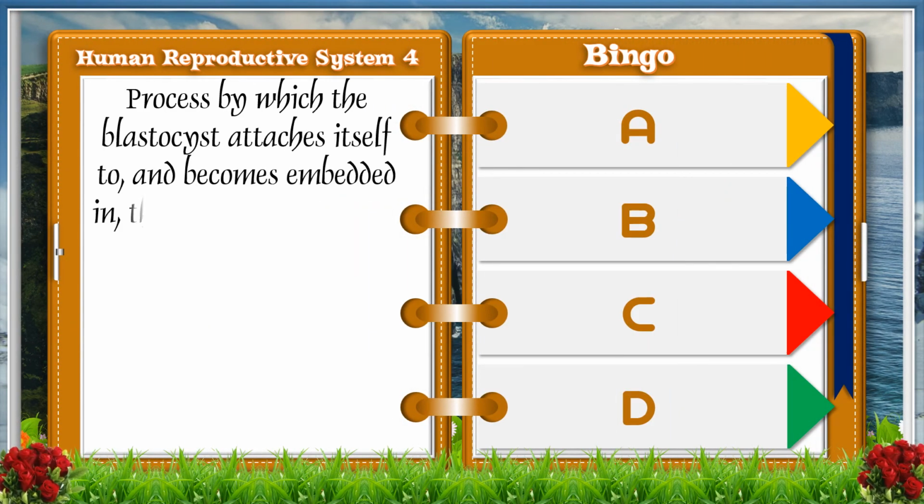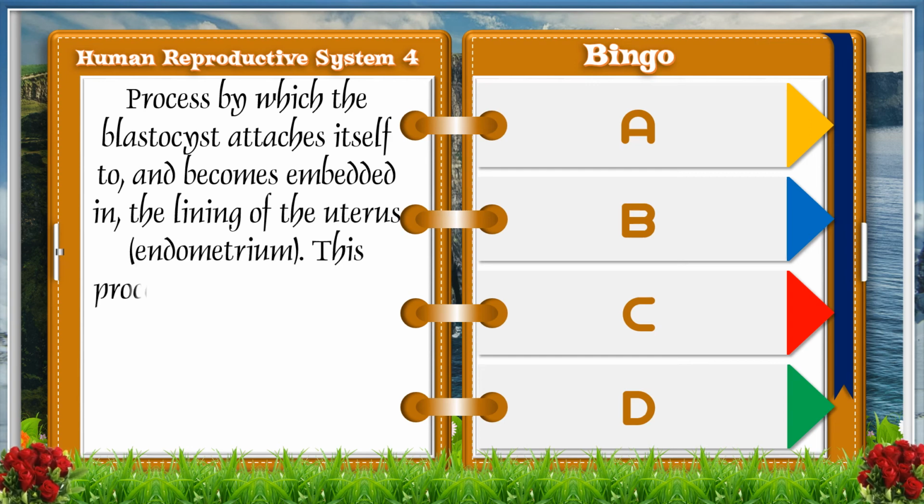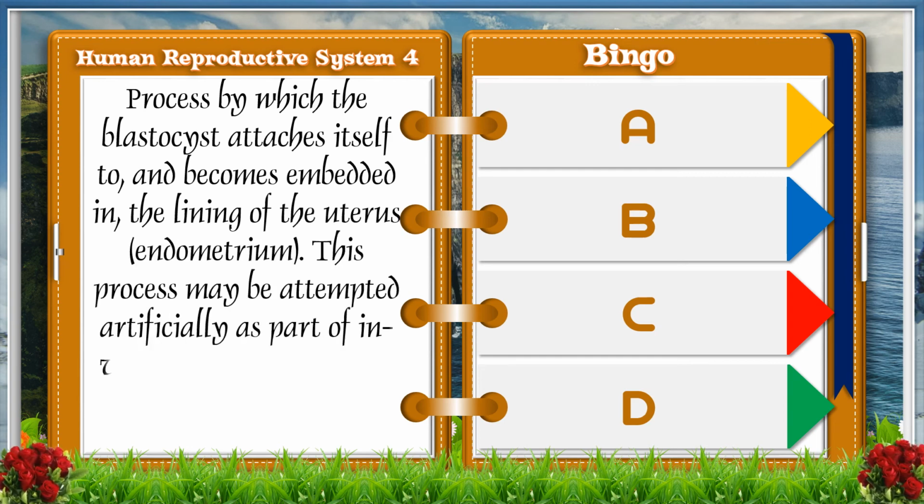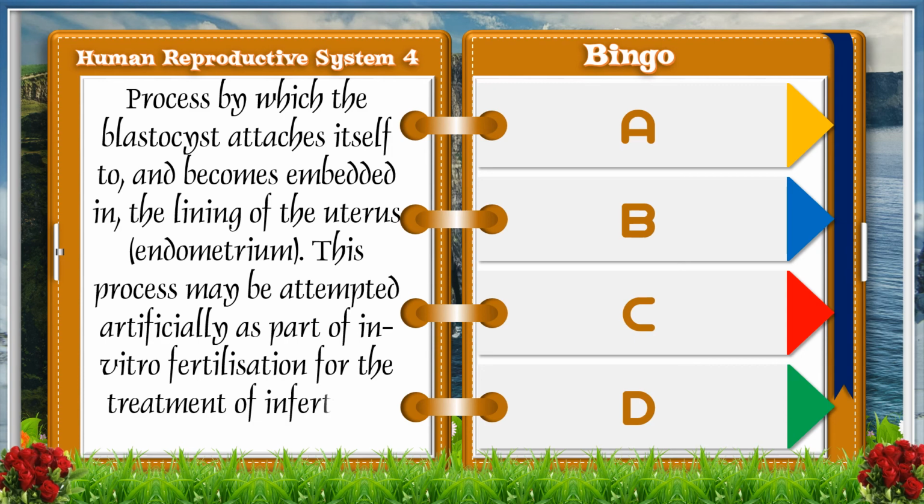Process by which the blastocyst attaches itself to and becomes embedded in the lining of the uterus, what we call the endometrium. This process may be attempted artificially as part of in vitro fertilization for the treatment of infertility.